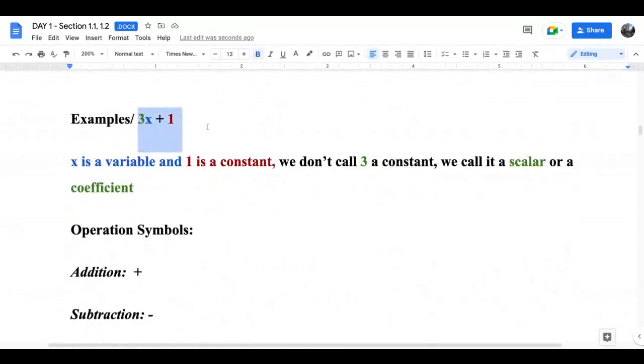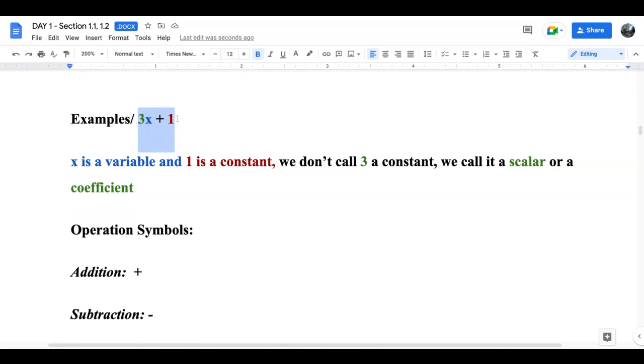Example, 3x plus 1. x is a variable, right? And 1 is a constant. What about this 3 in green color? We don't call 3 a constant. We call it a coefficient or a scalar because it scales x. Because it multiplies x, we call it a coefficient.